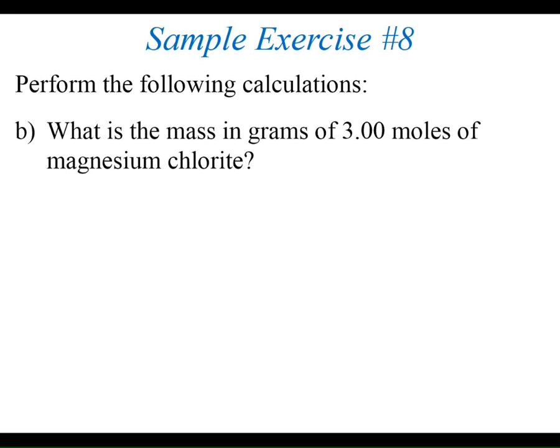Okay, let's try this one. What is the mass in grams of 3 moles of magnesium chlorite? So, again, mass. When I see the word mass or grams, I'm thinking molar mass. Got to use molar mass. 3.00 moles. What's the formula for magnesium chlorite? Mg ClO2.